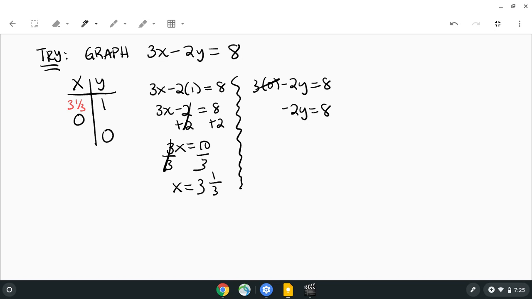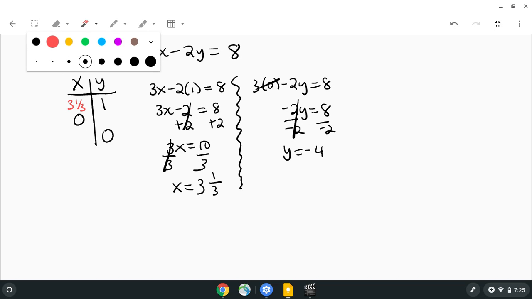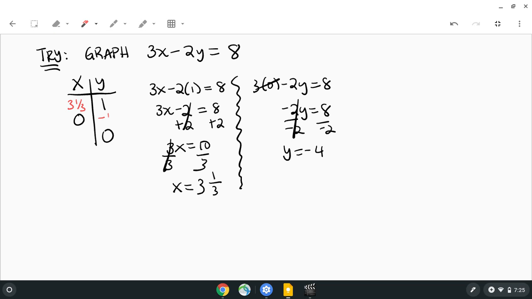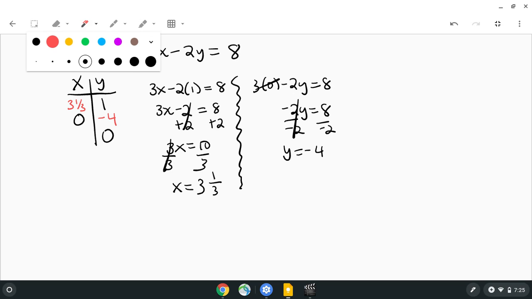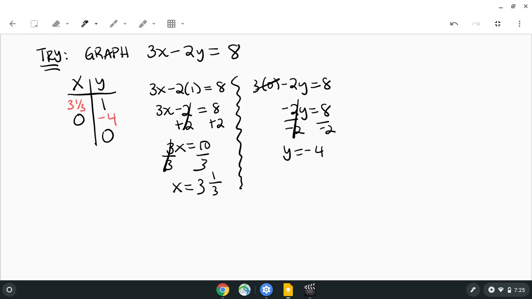Divide both sides by negative 2. And y equals negative 4. Okay, so let me do that in red. Okay, there we go. All right, very good.